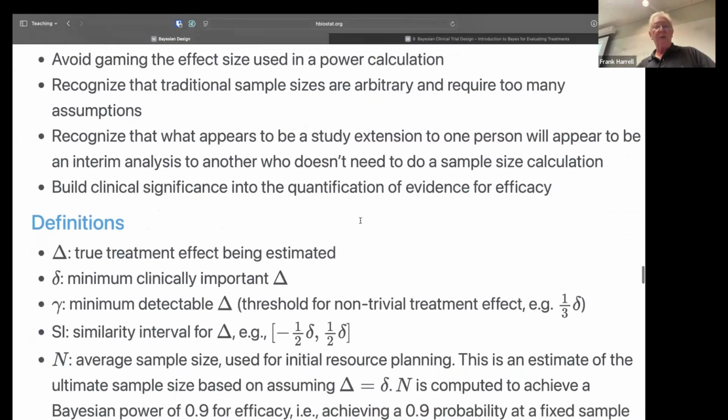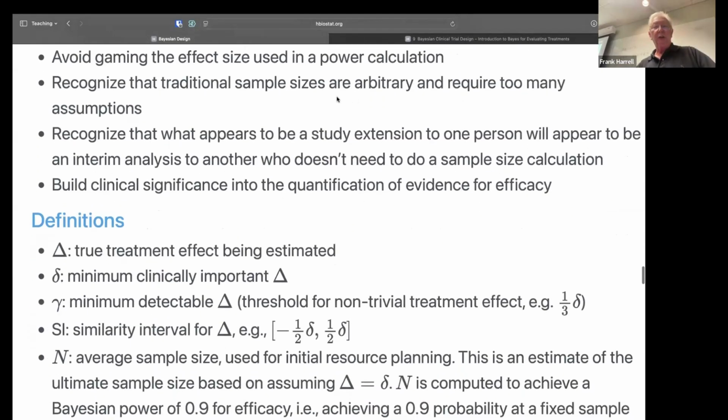We're not going to allow gaming. We're going to recognize that traditional sample sizes are arbitrary, recognize that what appears to be a study extension to one person will appear to be an interim analysis to another person, and that person may not even need to do a sample size calculation. You need to do a sample size calculation in the frequentist world because that gives you what alpha is spent against.